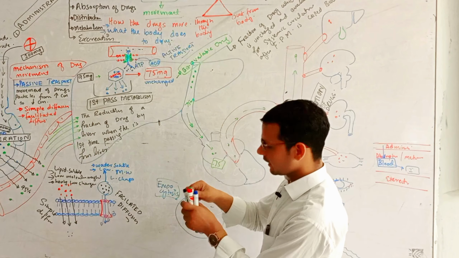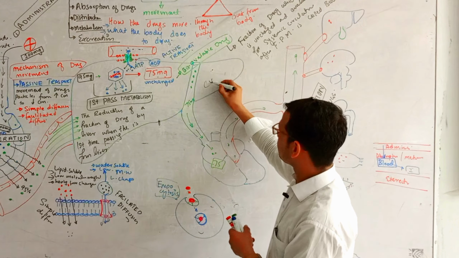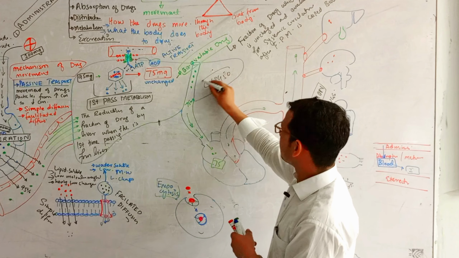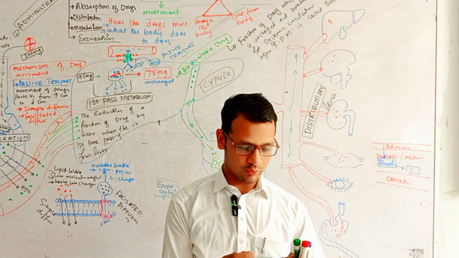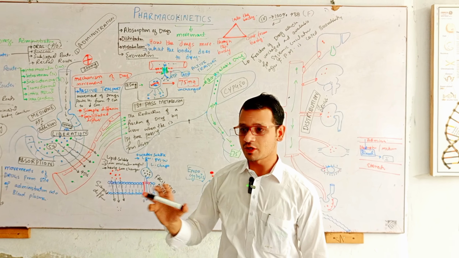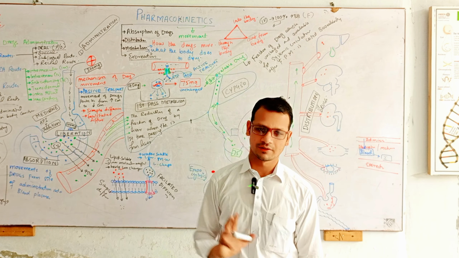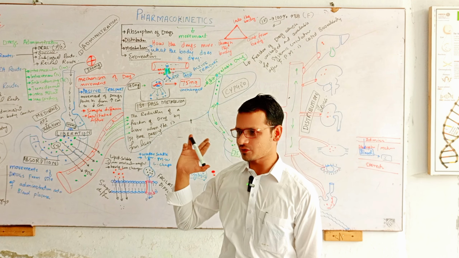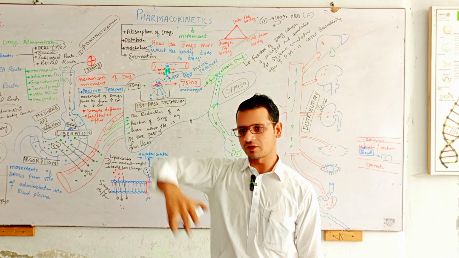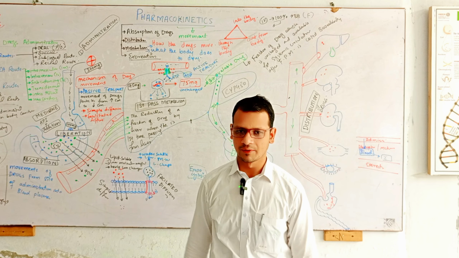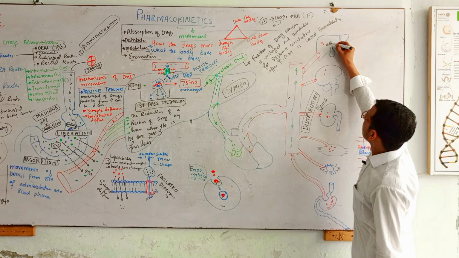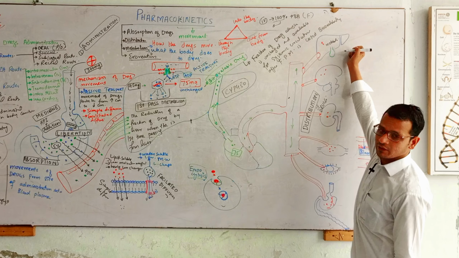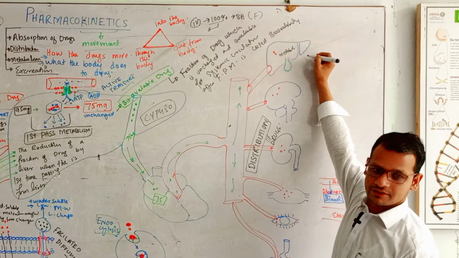But in this, we have a specific enzyme which is called CYP450, cytochrome P450, and this enzyme will be discussed in absorption very much, right? Because this enzyme is responsible for increasing the actions or efficacy of drugs. Here, metabolism will take place and it will form metabolites.